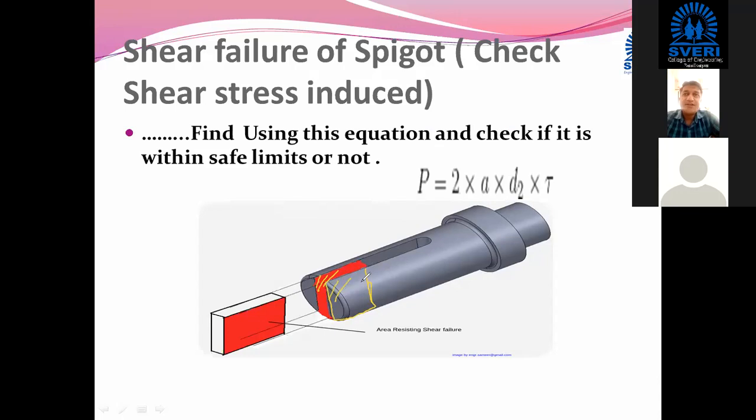This is the second side where shearing is taking place. So we just have to calculate the dimensions multiplied by 2, that will be the area, right? So the area which is resisting will be 2 into bracket d2, that is the diameter of that spigot, multiplied by t.